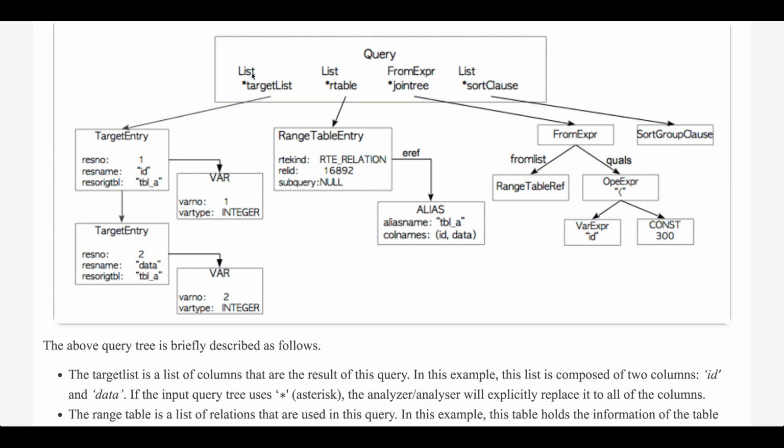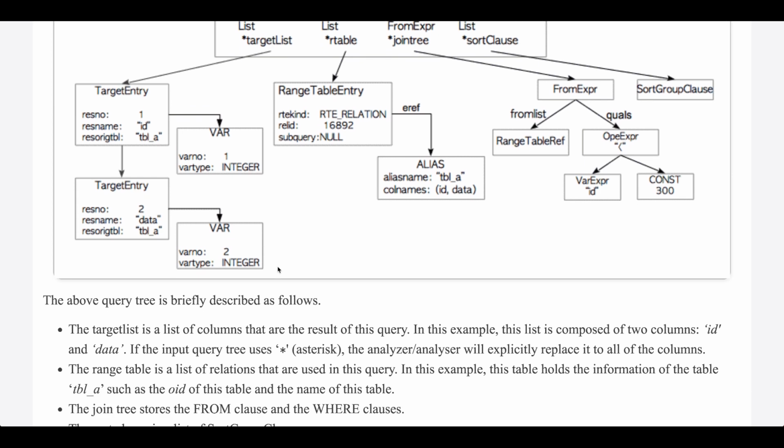The target list is a list of columns that are the result of this query. In this example, this list is composed of 2 columns, ID and data. If the input query tree uses star, asterisk, the analyzer will explicitly replace it with all of the columns.